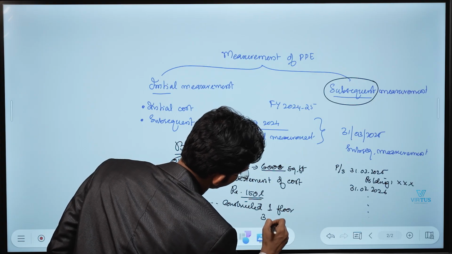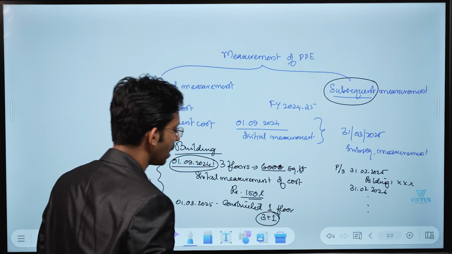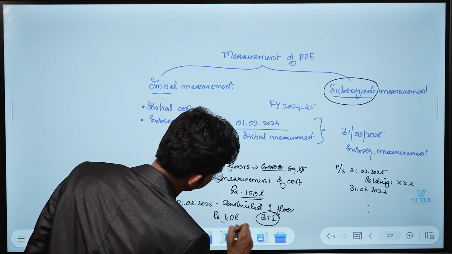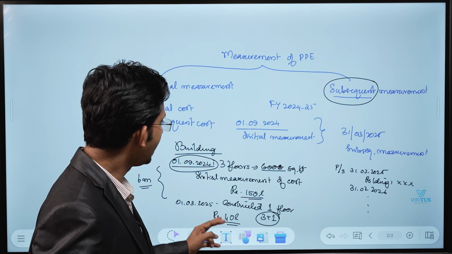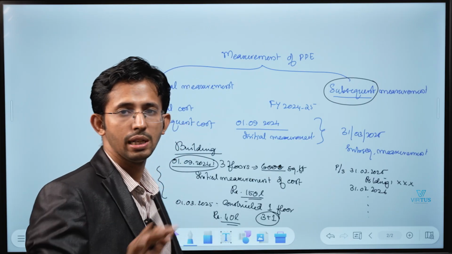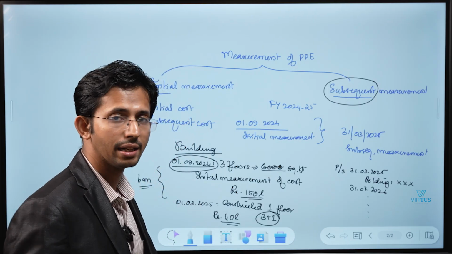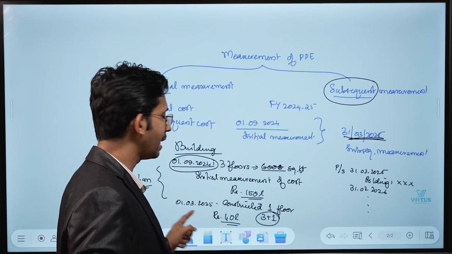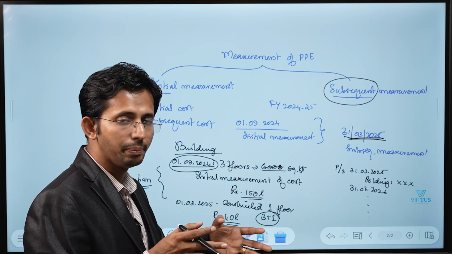So it became how much? 3 plus 1. And the cost of construction was, let's say, rupees 40 lakhs. Is it subsequent measurement? No. Subsequent measurement happens only when? Only on the reporting date. And is this a reporting date? No, it is not a reporting date. It is an in-between date.